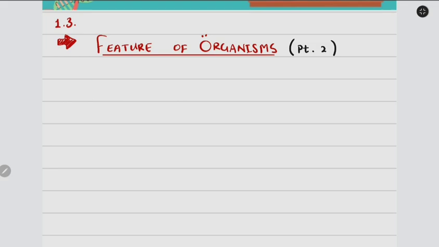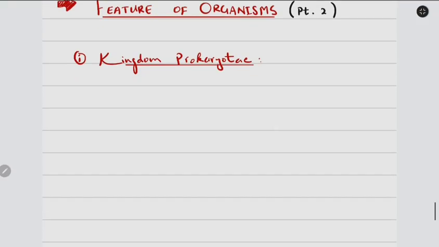So the first kingdom we are going to talk about is kingdom Prokaryotes, or Prokaryote. If you remember, last time I told you whenever you see the word prokaryote, the first thing that should come to your mind is bacteria.